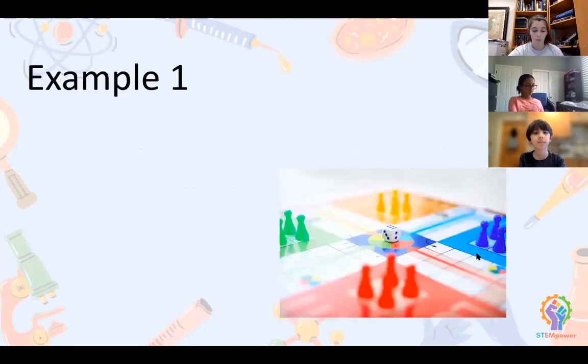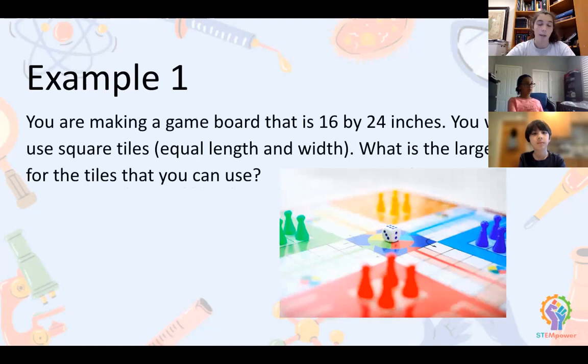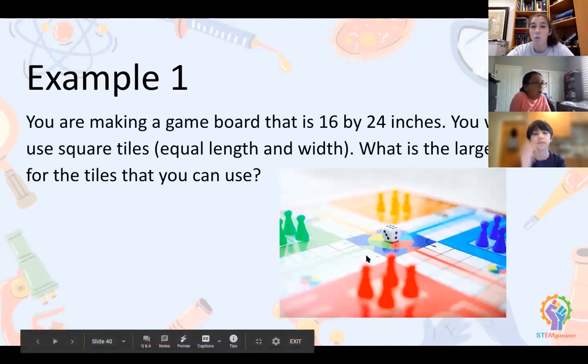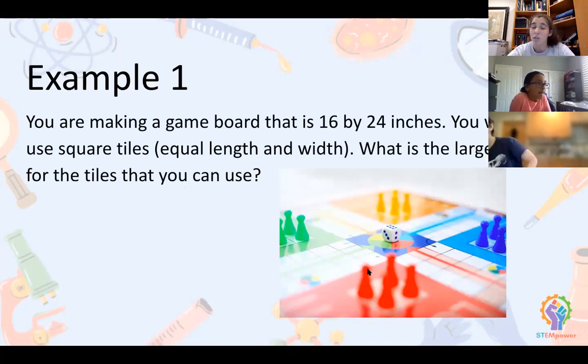We are going to try some word problems. So for this first example, you are making a board game that is 16 by 24 inches. You want to use square tiles that have equal length and width. So what is the largest size for the tiles that you can use?